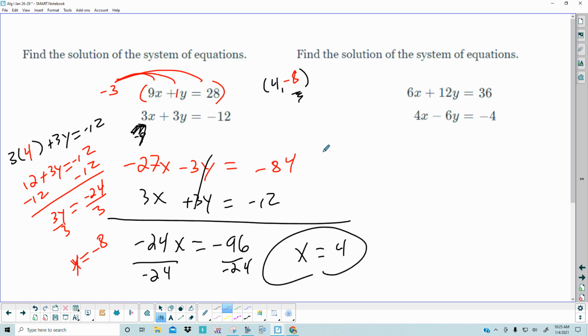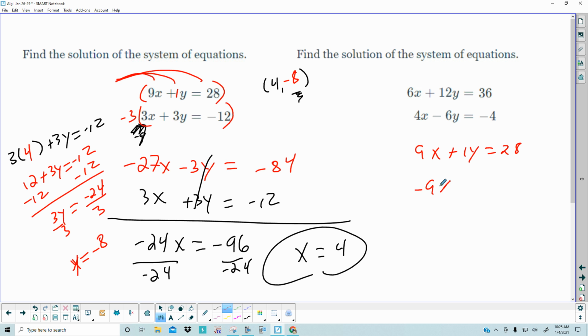I'm not trying to confuse you when I show you this. I chose to go after making these numbers the same. What if I left the top alone and went after the bottom instead by multiplying the bottom by -3? And I'm choosing that specifically so that the x's cancel.